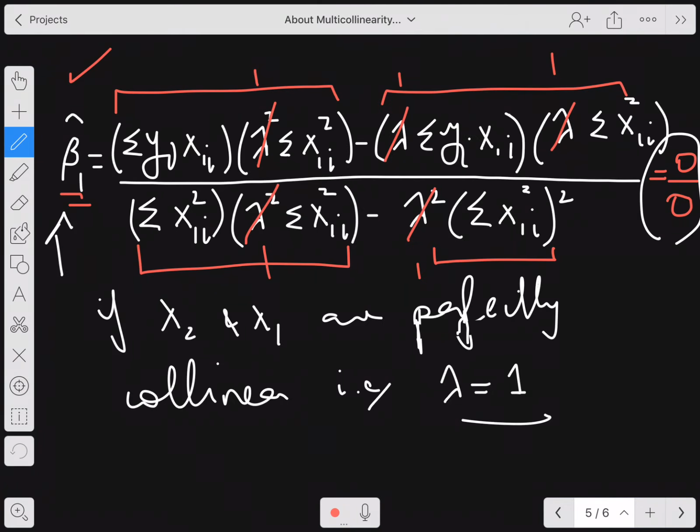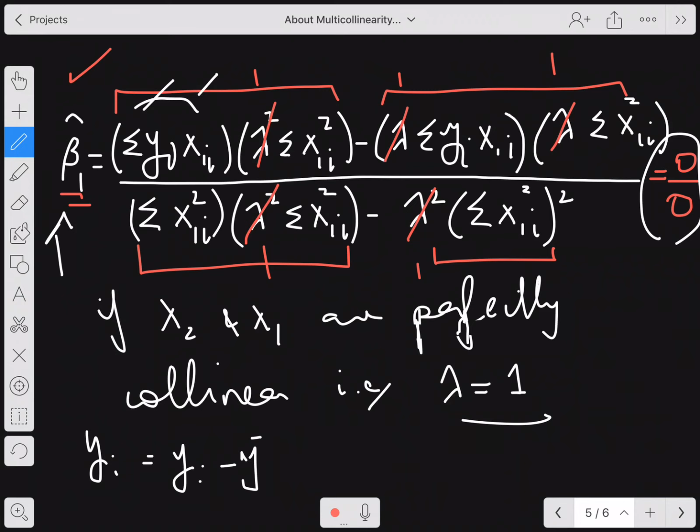Before I leave this slide, I just want to make sure that we are all aware that all the y's and the x's here are not just y's and x's, but all of these are deviations from the mean. So for example, if I write the sum of yi xi, make sure that you understand that yi is a deviation from the mean. In other words, when I write yi, put it in your mind that it's yi minus y bar.